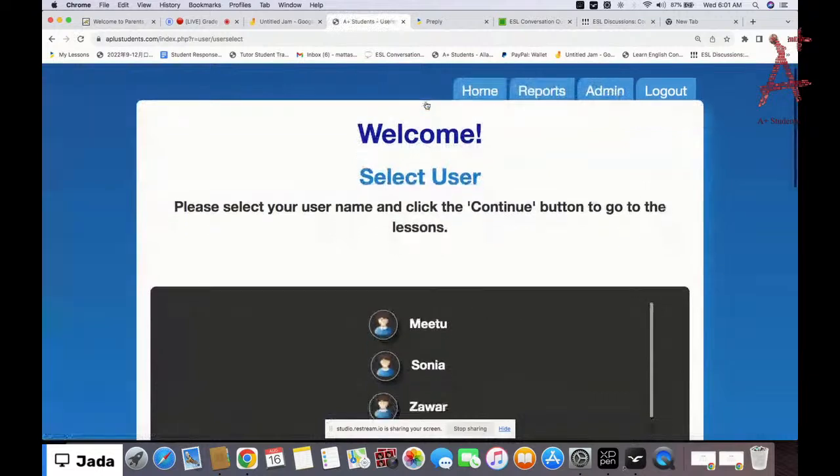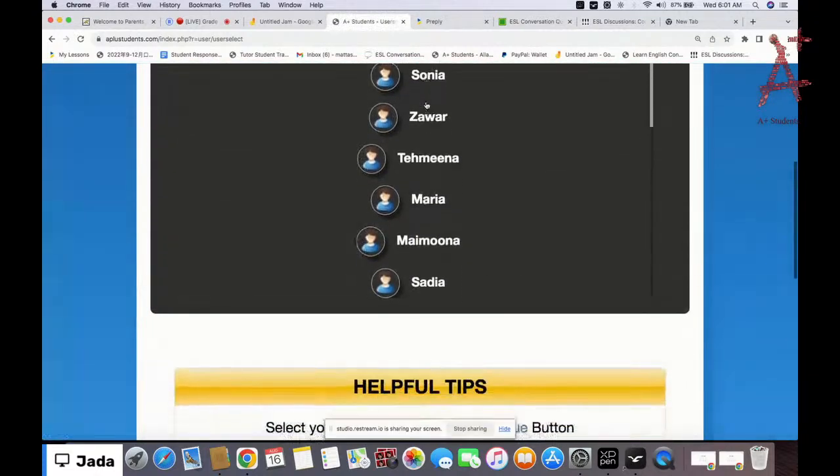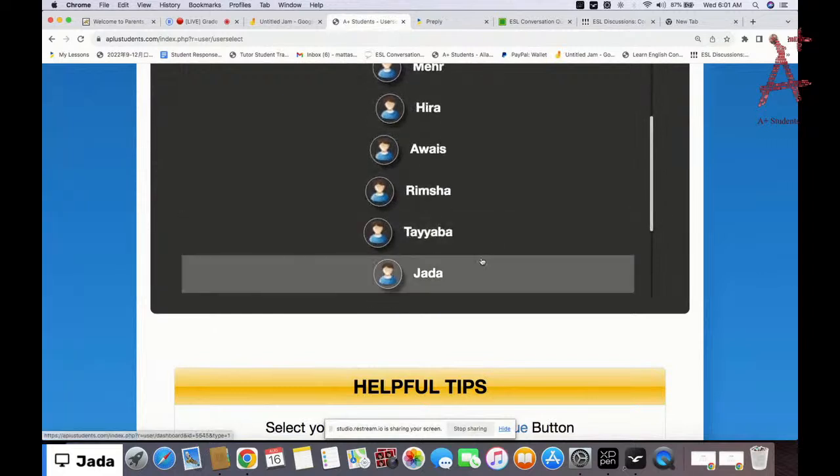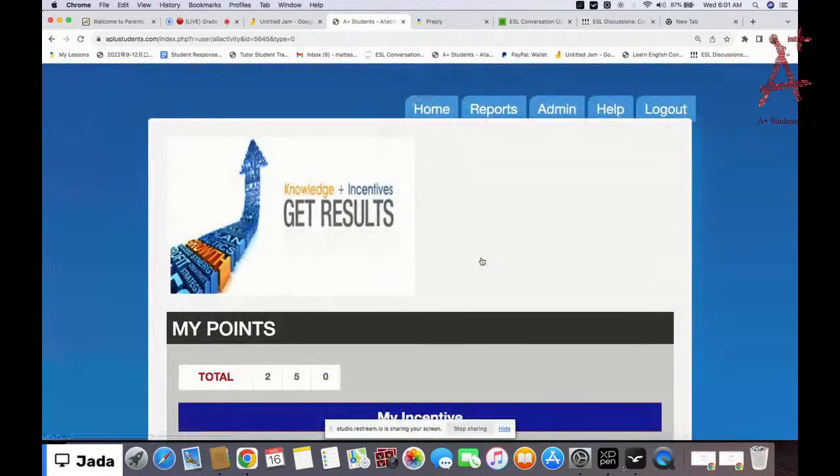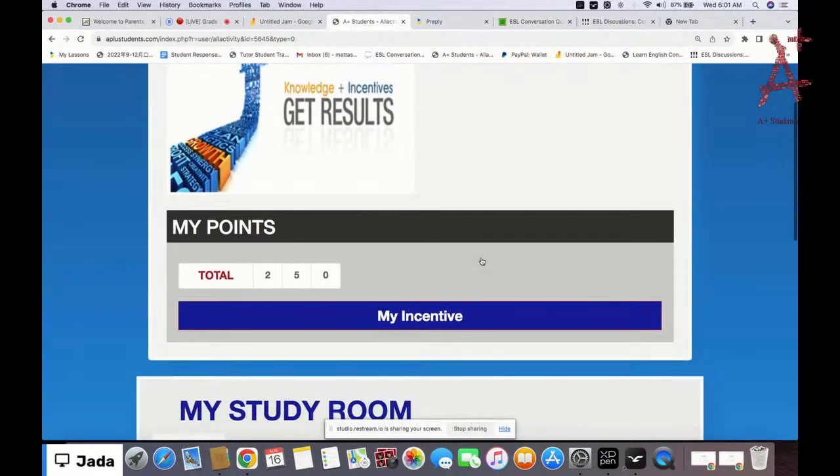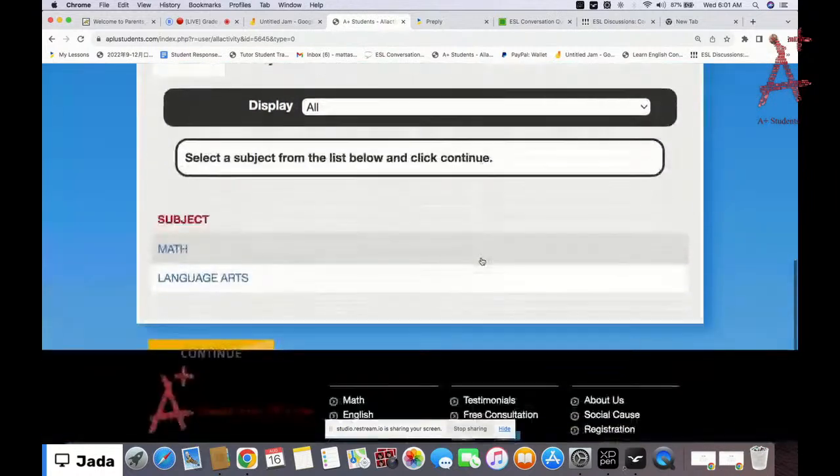Okay, so as you can see my screen now, I'm already logged in. So all I need to do is click on my name, and then maths or language.